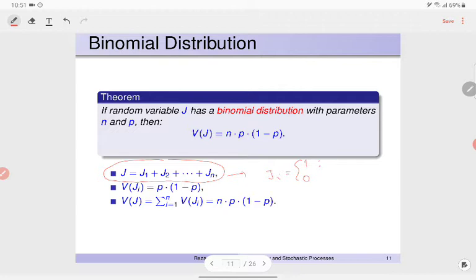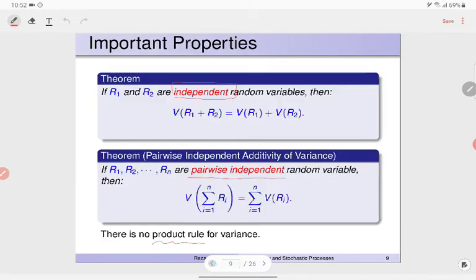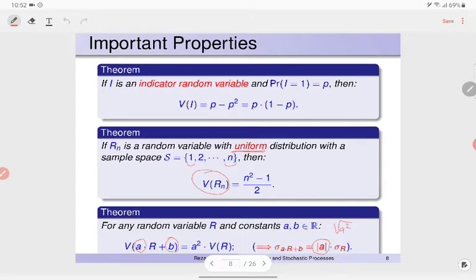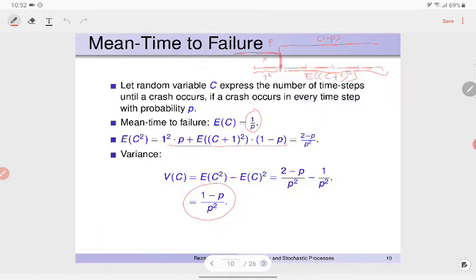Therefore, this returns to the variance of the indicator random variables. For every indicator random variable, the variance is equal to p multiplied by 1 minus p.